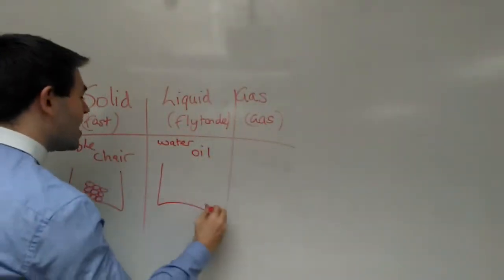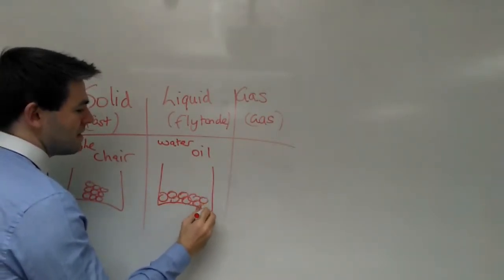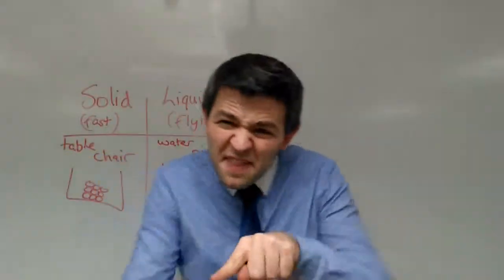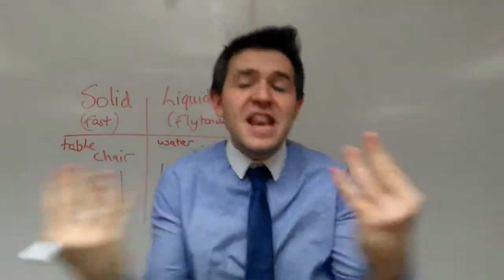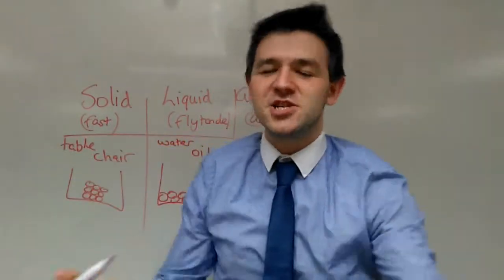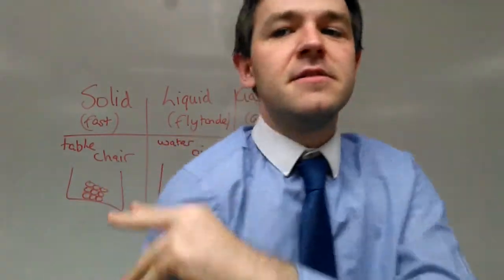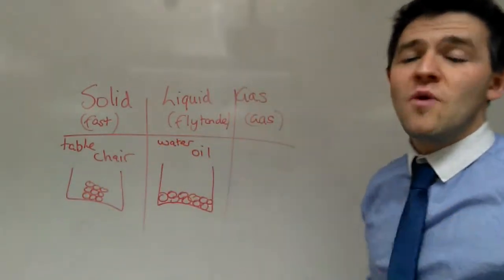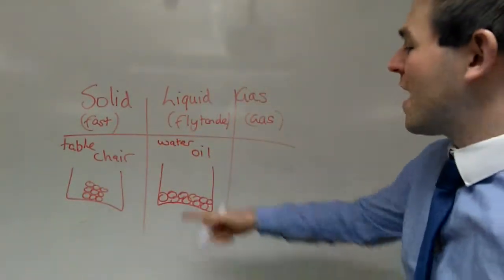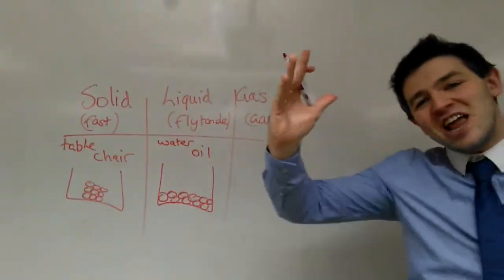So if I do that here, then I can see those atoms. They go to the bottom, and then they move around the bottom. And they move all the time. They are always going past each other and moving around in the water. It's never perfectly still. So they're always moving around. I can put that here, if it was water, in a different place, and it would be a different shape in that container.